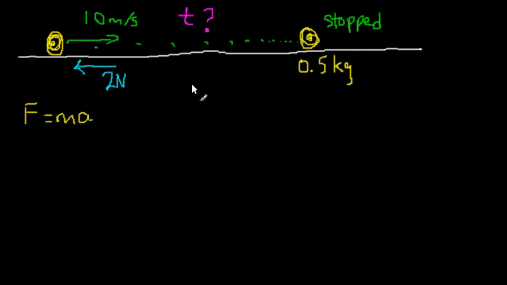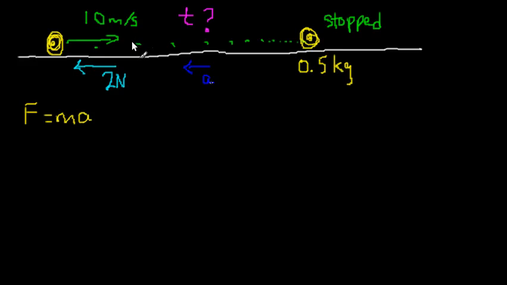So this means that our acceleration A is also to the left. And if the acceleration or the force are in the opposite direction to the velocity, it causes a deceleration. The velocity slows down.